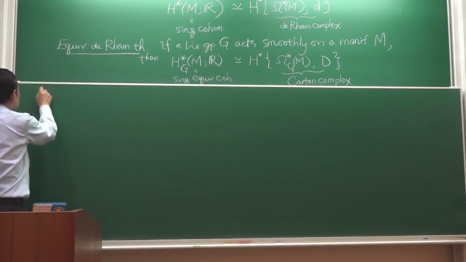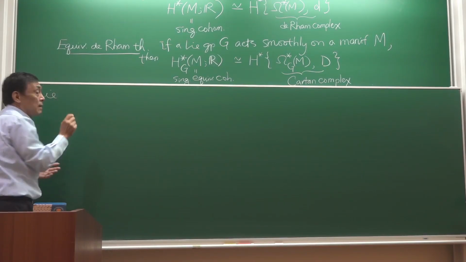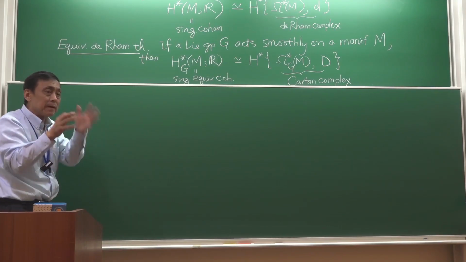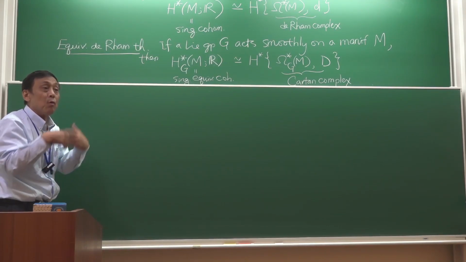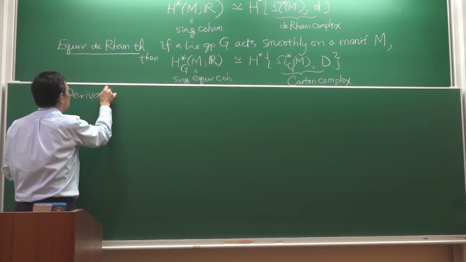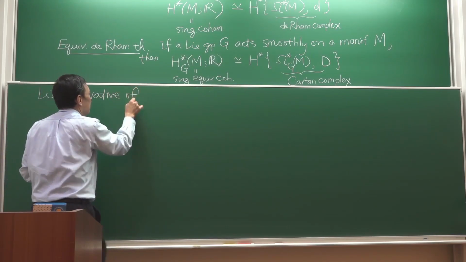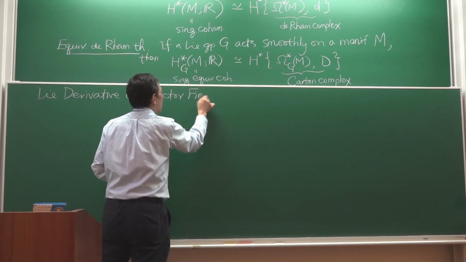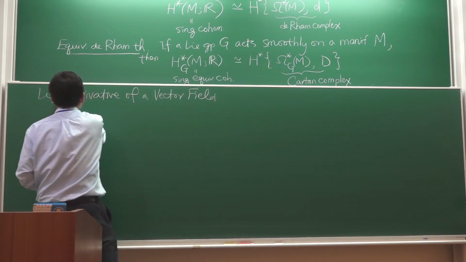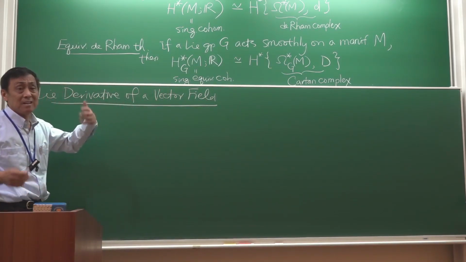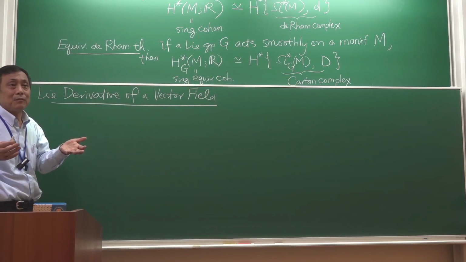Now, I'm actually going to start with the Lie derivative. You can define the Lie derivative of a vector field or of a differential form. So let's start with the Lie derivative of a vector field. Okay, so the Lie derivative is a kind of derivative, okay?